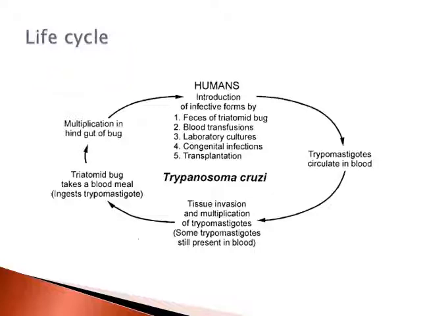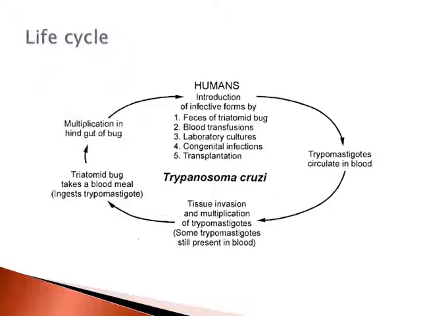The trypomastigotes circulate in blood for a while, then they invade tissues and multiply as amastigotes inside the reticuloendothelial cells and also the muscles, especially the heart muscle.